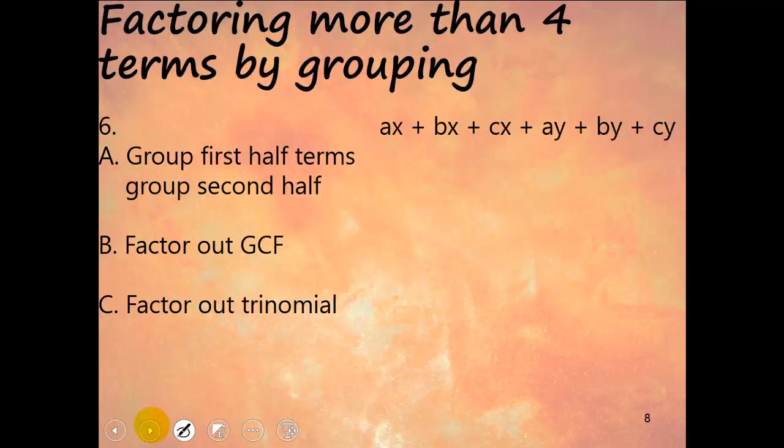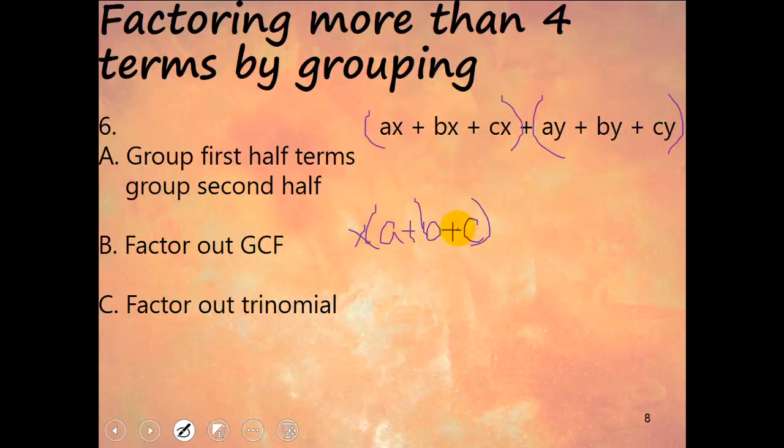Okay, now we're going to expand our knowledge of factoring by grouping when we have more than 4 terms. Let's say we have 6 terms. This only works when you have an even number of terms. All right. So what you're going to do is you're going to group the first 3 and then the last 3. You're going to factor out the greatest common factor, which is x for this one.